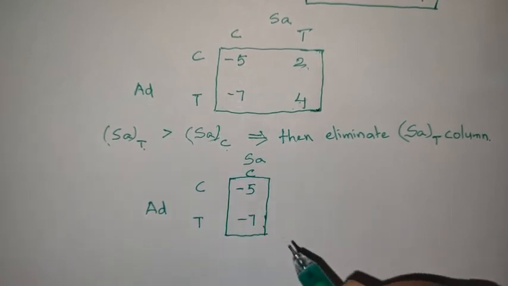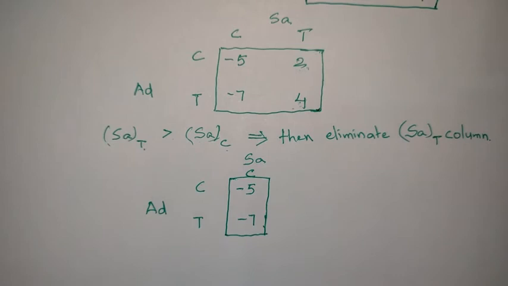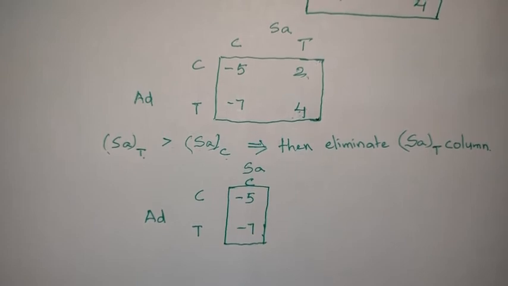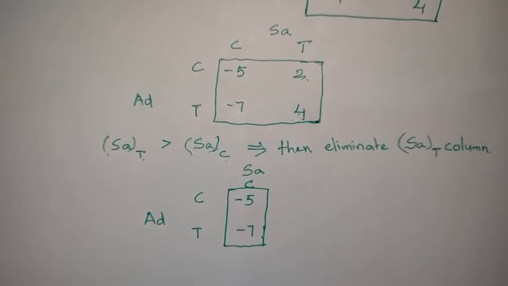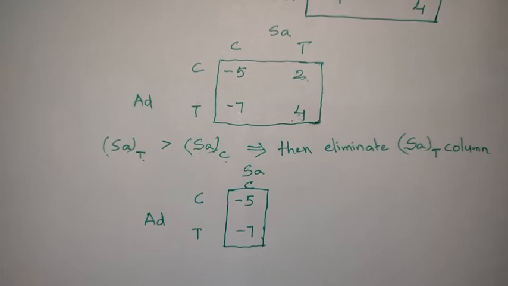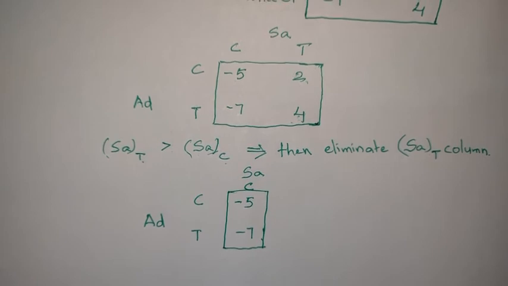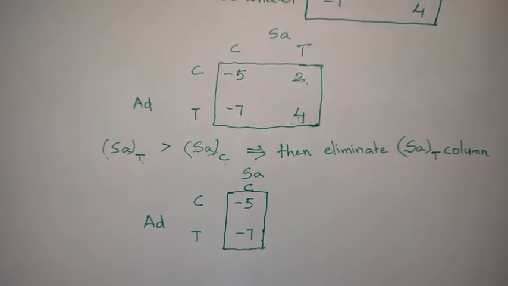So this one is the reduced matrix, right? In columns checking, whichever column is dominating the other column, that dominating column should be eliminated. That means the higher values column should be eliminated, right? So keep that in mind.